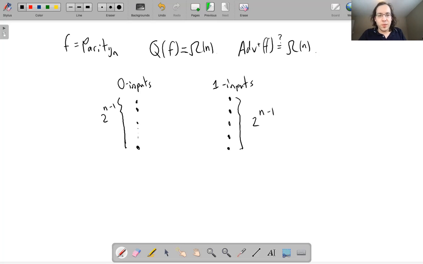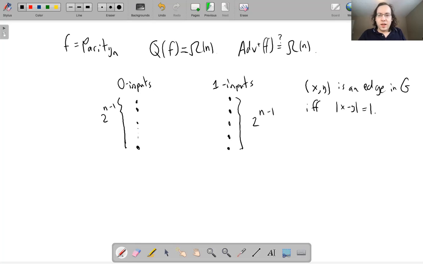So we will say that xy is an edge in G if and only if basically the Hamming distance of x and y equals 1, they disagree on a single bit.